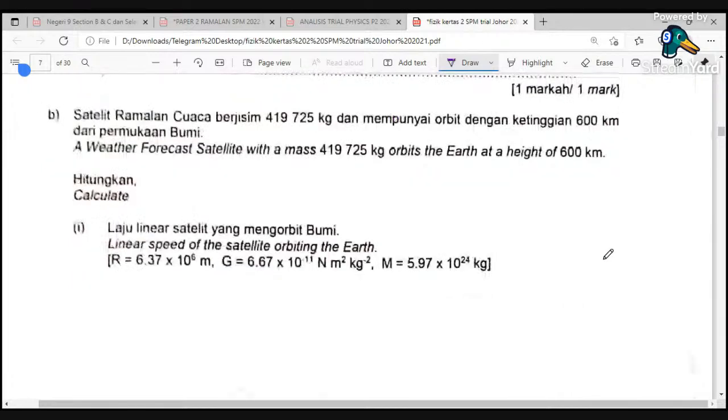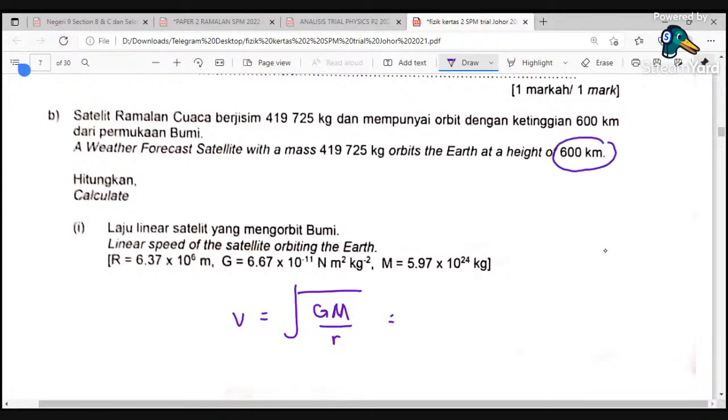Okay, we use the same formula just now. Okay, square root of GM over r. So in this case, because it is at the height of 600 kilometer, given here is radius of the Earth.